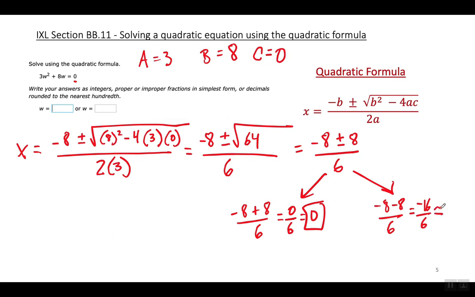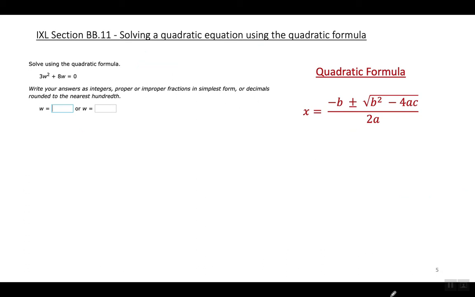And when I divide that, let me check what that gives me. 16 divided by 6, I get approximately negative 2.67. Let me write it better down here. Approximately negative 2.67. All right, so those are my two answers, okay? 0 and approximately negative 2.67.